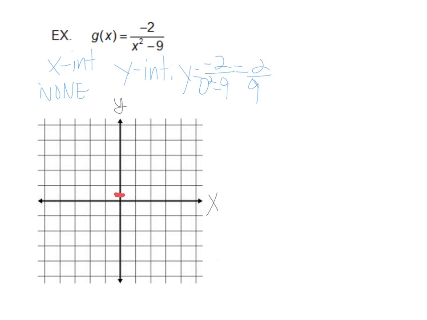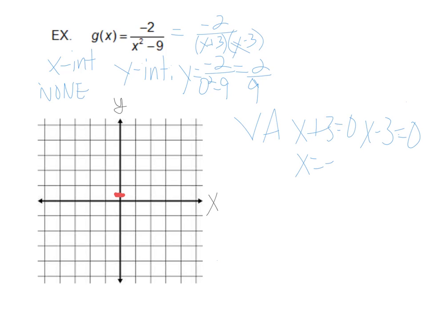Then the vertical asymptote, set the bottom equal to 0. It's squared, so I'm going to need to factor that. It's a difference of squares, x plus 3, x minus 3. So the vertical asymptote, setting those both equal to 0, x plus 3 equals 0, x minus 3 equals 0. So x is negative 3 and x is positive 3. So we have two of them.